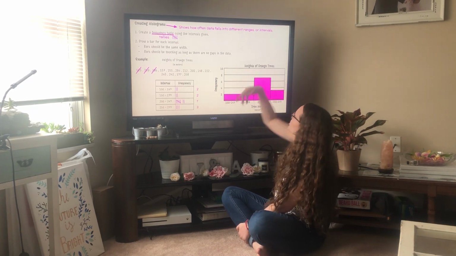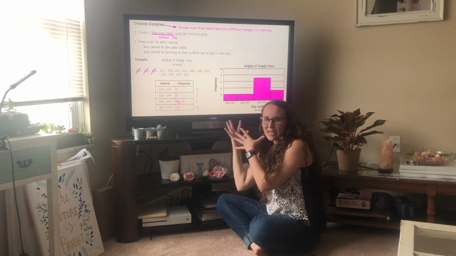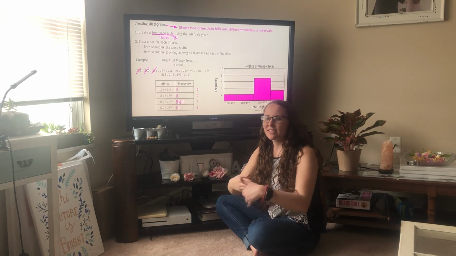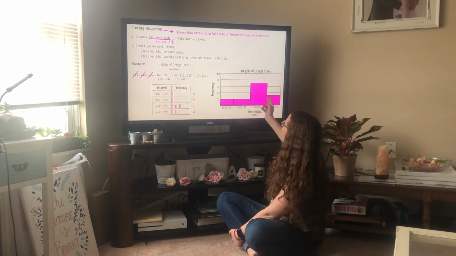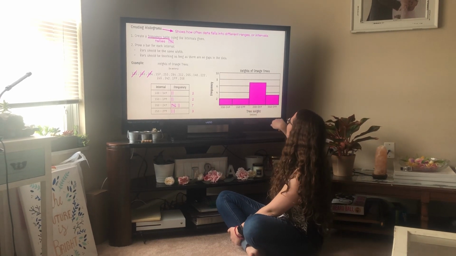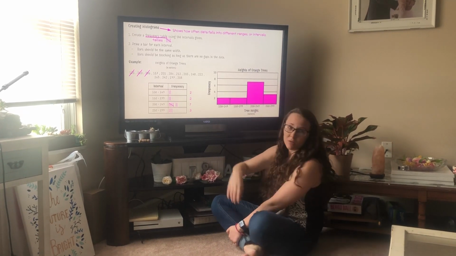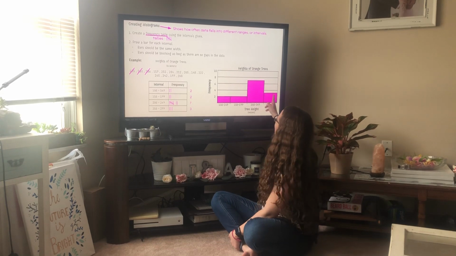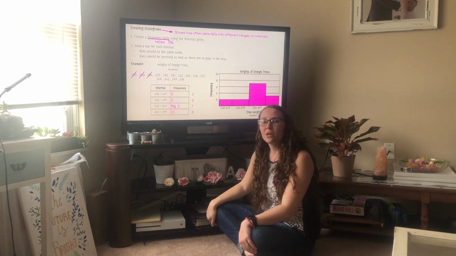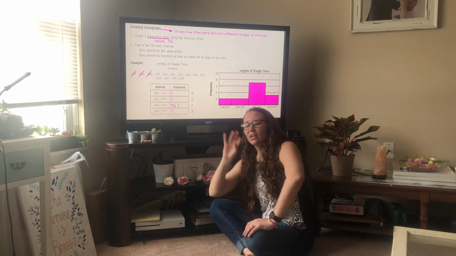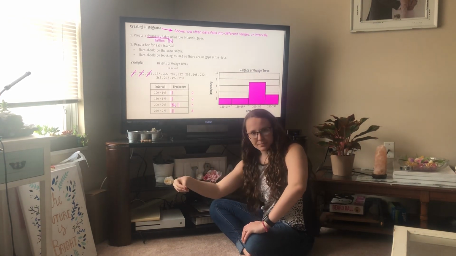So the height of orange trees, I could then take this data and interpret things from it. I could say most orange trees are taller than 200 meters, because that would include most of our trees. Most trees are above 200 meters. So from our histogram, we can then interpret different data from it.